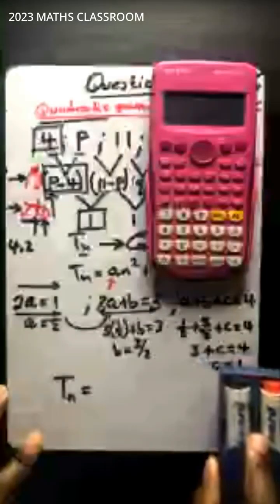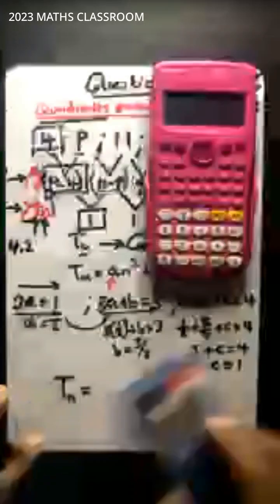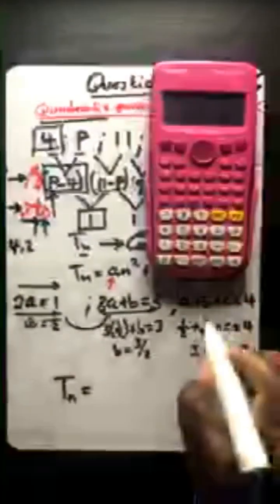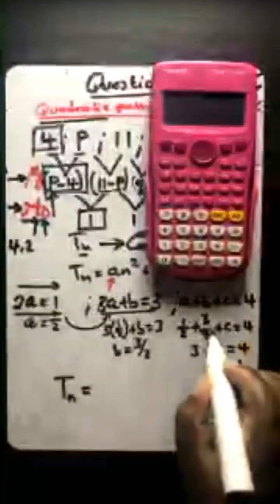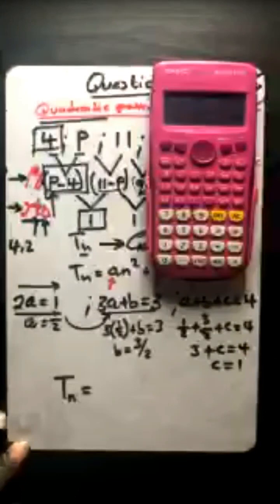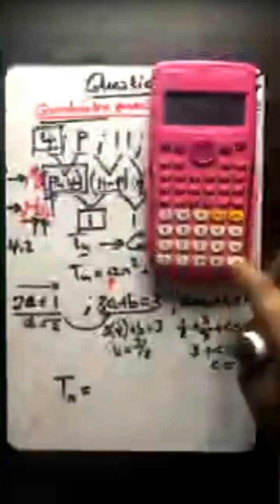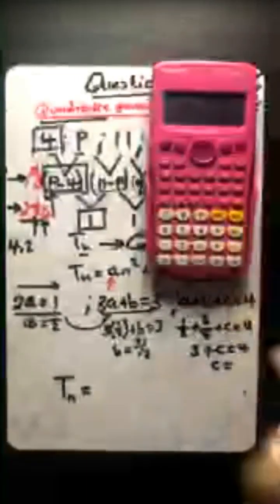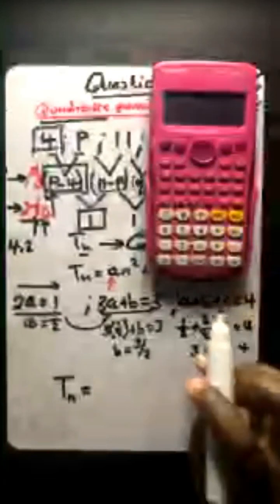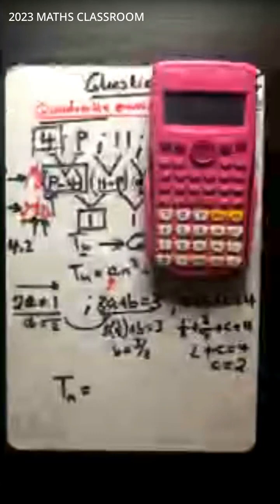Let's see, this is the B that I need to update. So 0.5 plus 3 over 2 is equal to 2. So that means it's not 3 there, but it is 2. Then you take it to the other side, it becomes 2.